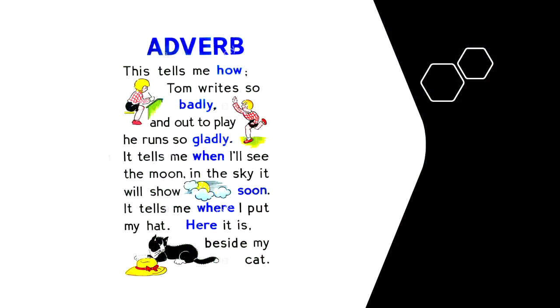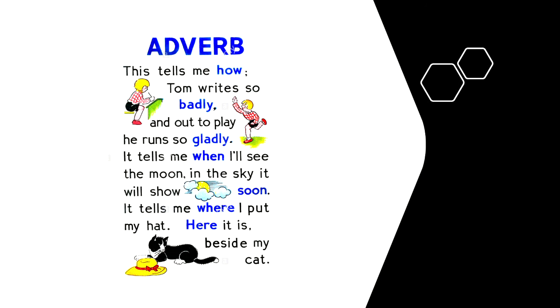Okay? So here is a very beautiful poem. Look at the adverbs, how beautifully they are put into it. This tells me how Tom writes so badly, and out to play he runs so gladly. It tells me when I'll see the moon in the sky, it will show soon.